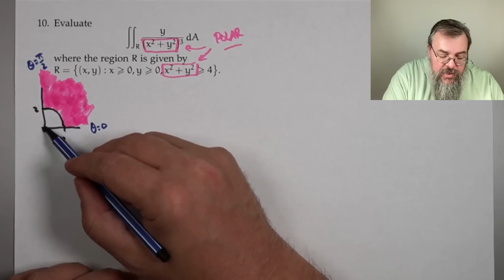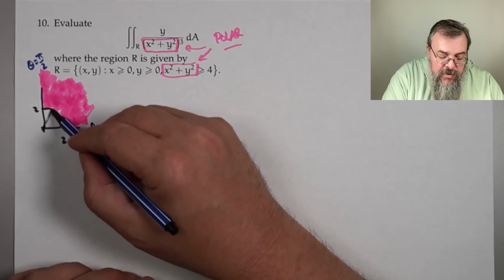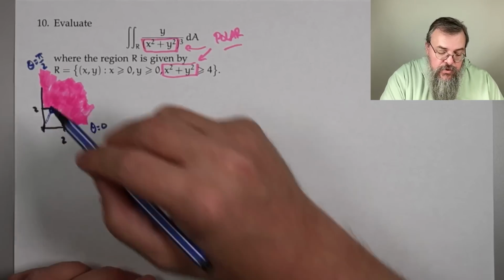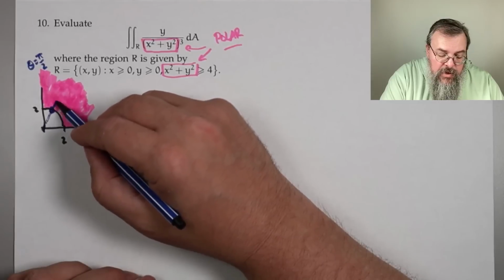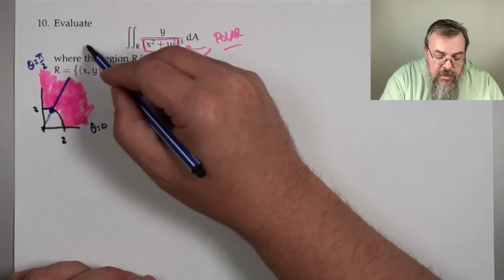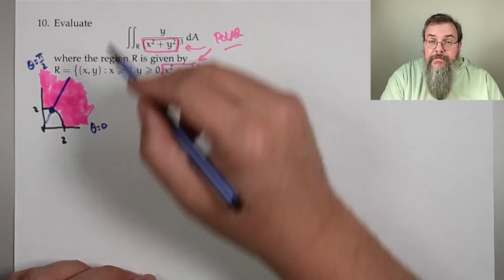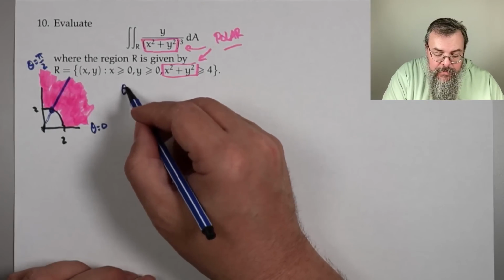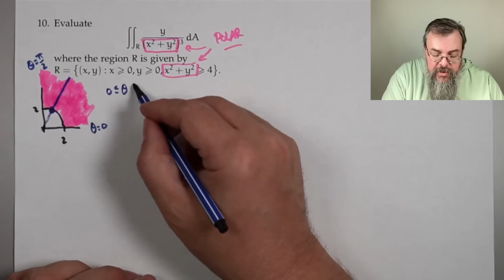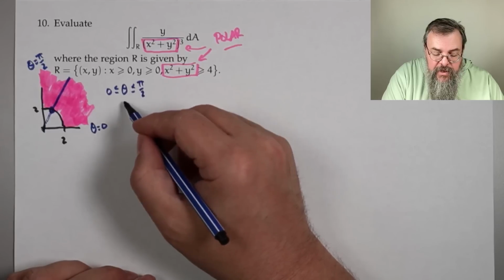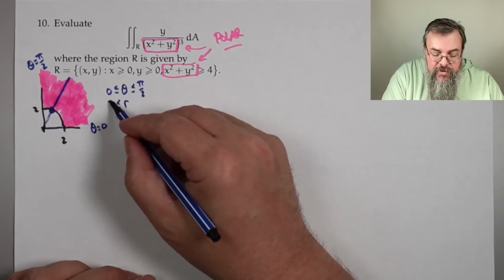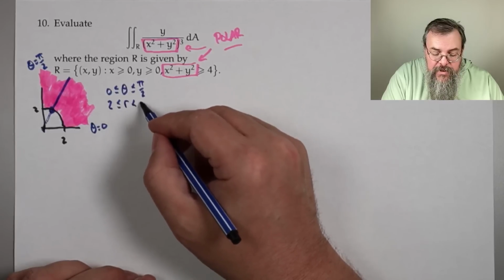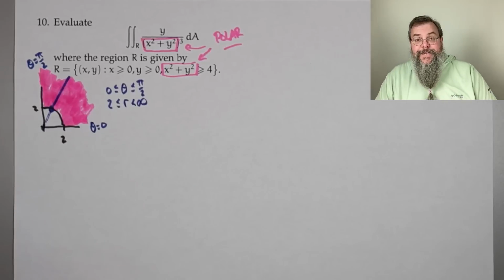Well, if you start at the origin and you start going out, you begin at 2, and then you keep going and going and going. So theta goes from 0 to pi over 2, and r goes from 2 to infinity, unbounded.